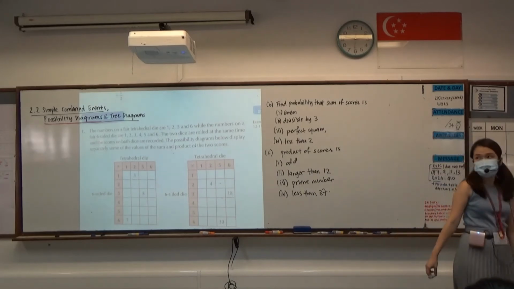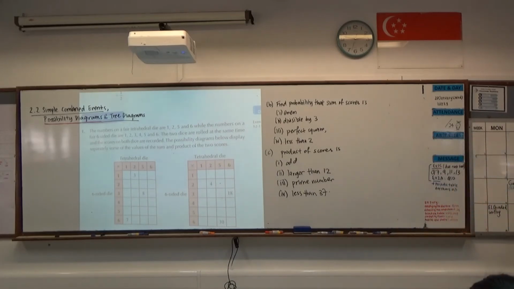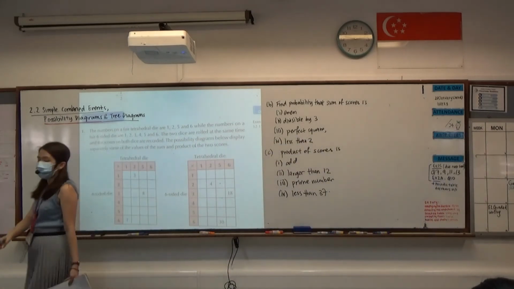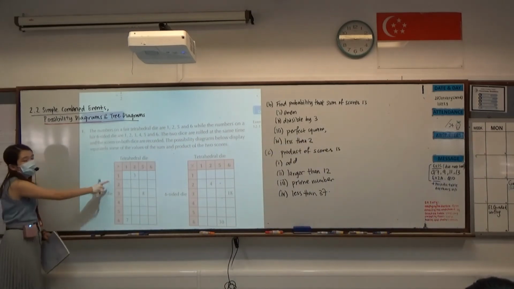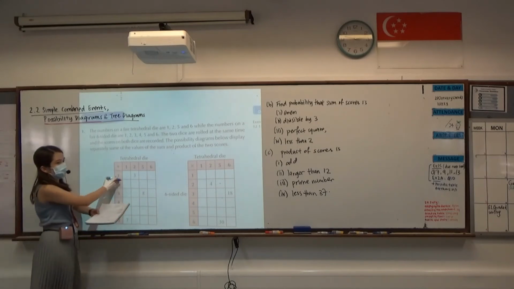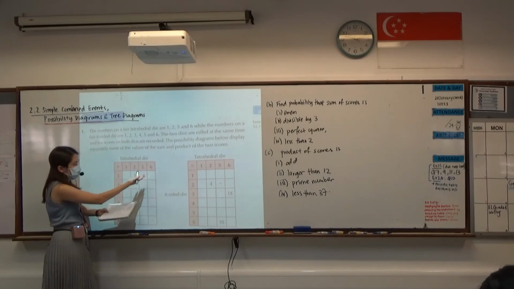The probability that the, okay, let's check our possibility diagram first. Okay, so someone tell me how should I fill up the possibility diagram for the sum? Joseph? So in horizontal.